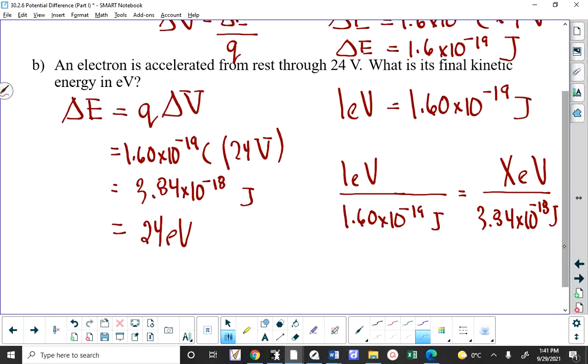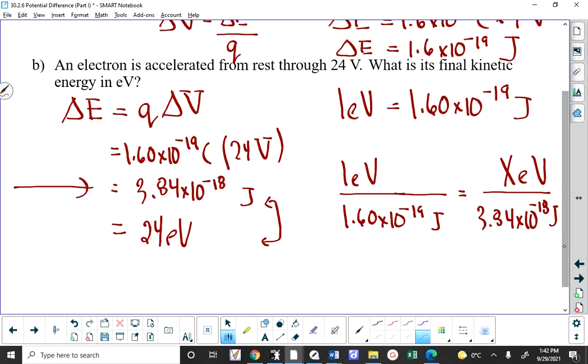By the way, your converting between joules and eV will become more and more obvious every time you do it. You probably don't need to set up a ratio. How many of you would have understood that if this is the total joules and each electron volt is this many joules, that you would divide this number by the 1.6 times 10 to the negative 19? It's probably obvious to many of us, not everybody.